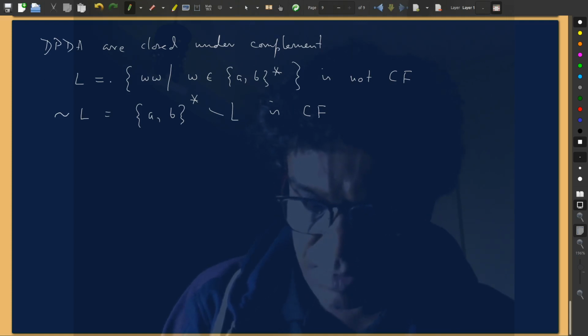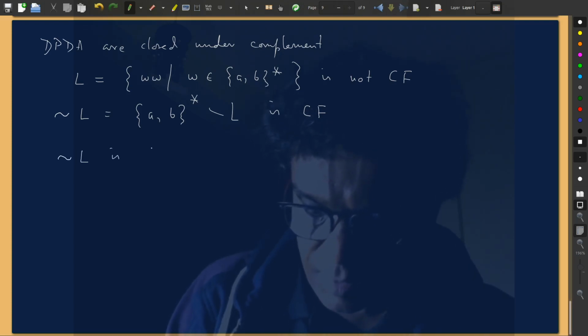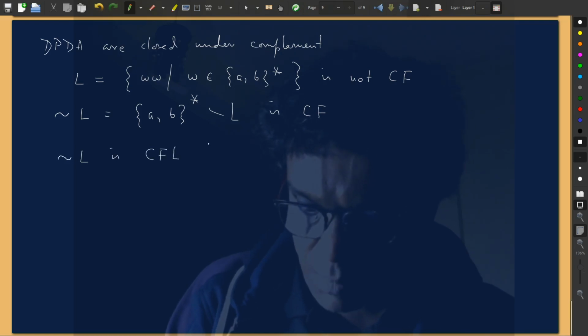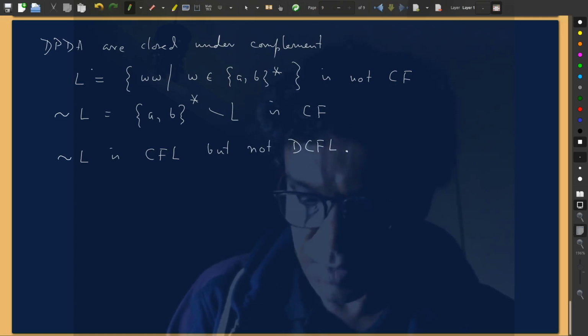But we know that this language is not context free at all. Okay. So this implies this not L is a CFL, but not deterministic context free. Impossible, because they are closed under complement. Okay, so if I once again make a note of this, I will get this, which is not even context free. Okay, so you get your first example of a language which is context free but not deterministic context free.